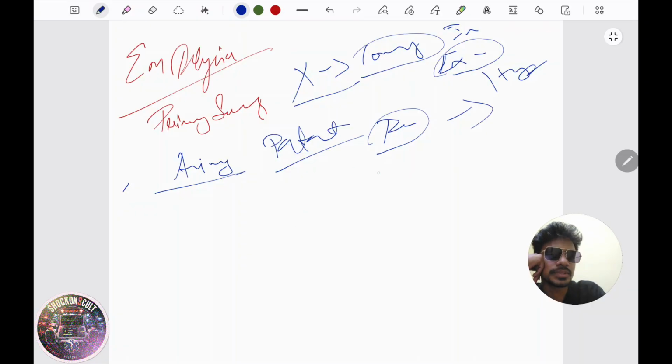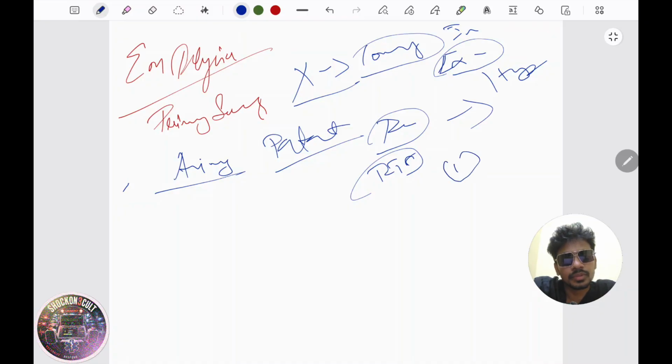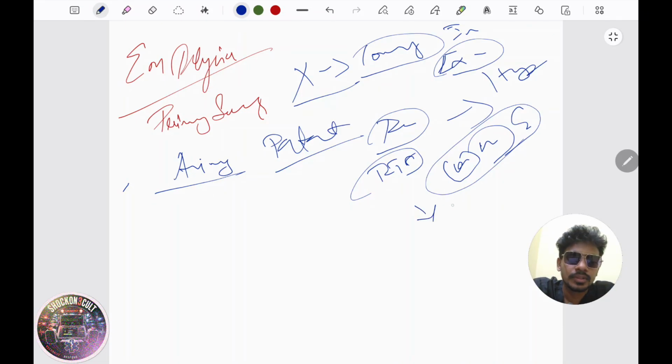If the patient is not speaking in this RTA or any kind of traumatic, very high velocity injury, and there is pooling of blood, snoring sound, pooling of any kind of secretions, if all that is present, we go for intubation in this airway. So we make the airway patent by intubating.